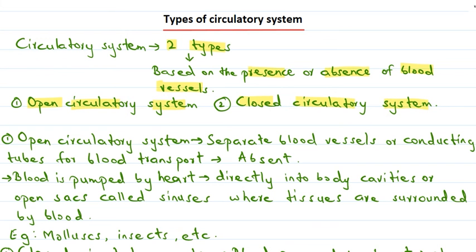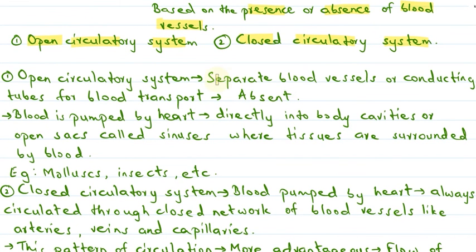In case of open circulatory system, there are no separate blood vessels or conducting tubes for the transportation of blood. So the blood is pumped by the heart directly into body cavities or open sacs known as sinuses, where the tissues are surrounded by blood, and this type of circulatory system can be found in mollusks, insects, etc.